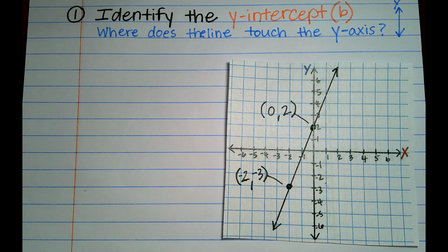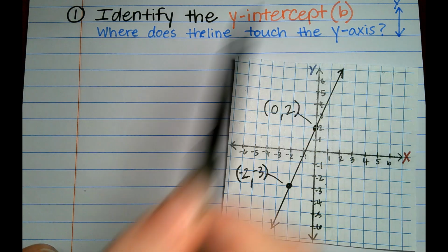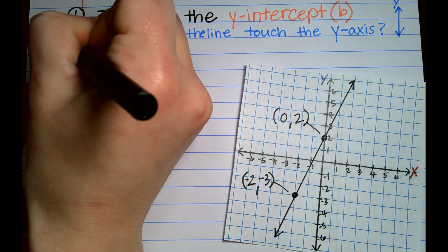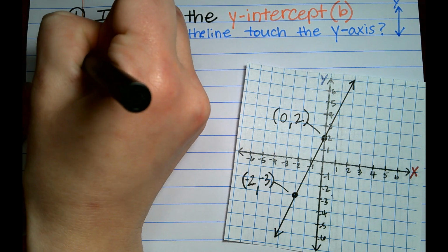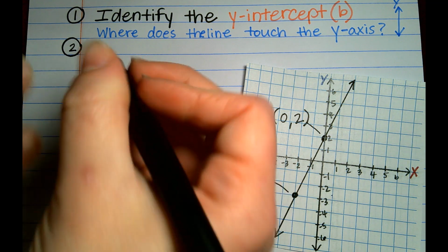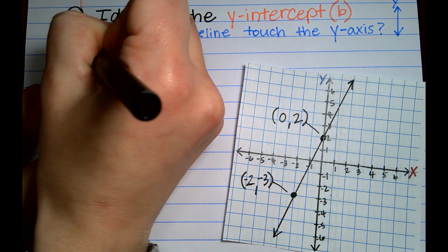Let's just get the second step written down as well. So we find the y-intercept, our b. What is the next thing we do? Oh, you find your slope. Yes. Now we identify the slope.